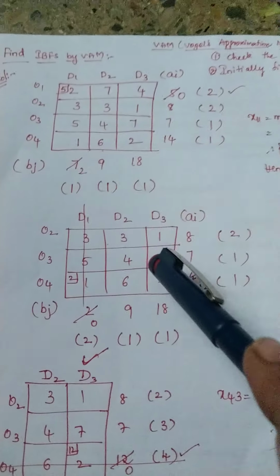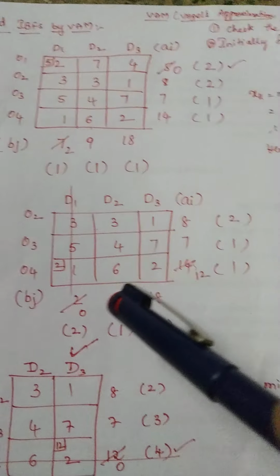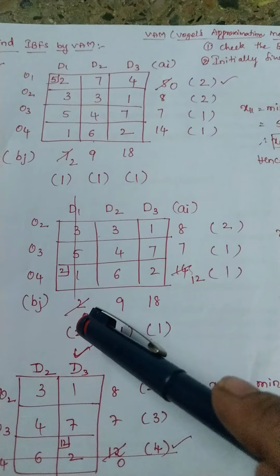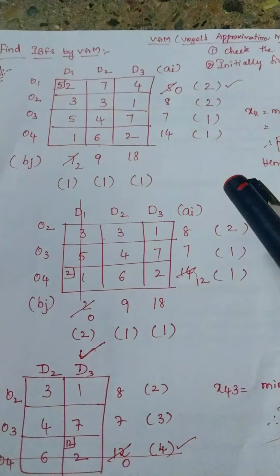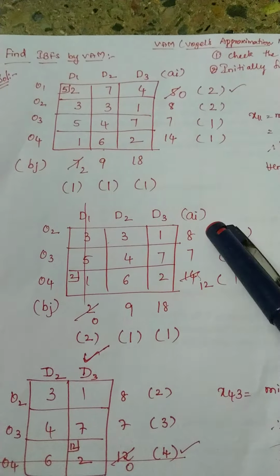So here again we have to check the highest penalty. The highest penalty is a tie between D1 and O2. And I remind you to check the availabilities and requirements, whichever is the least value.